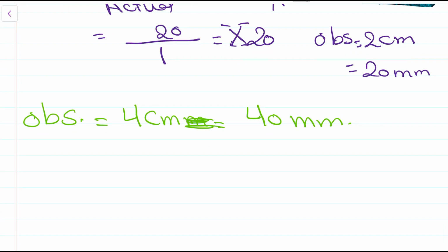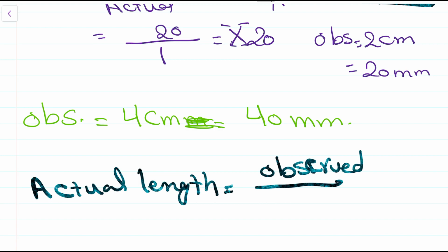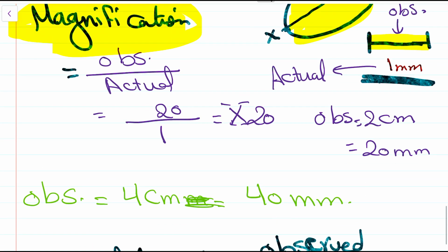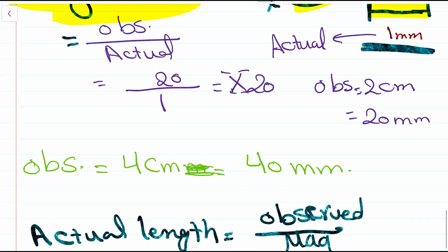So now I need to calculate the actual length of that diagram. It will be observed over magnification, which means 40 over 20, 2 millimeter. It means the actual length of this diagram is 2 millimeter.